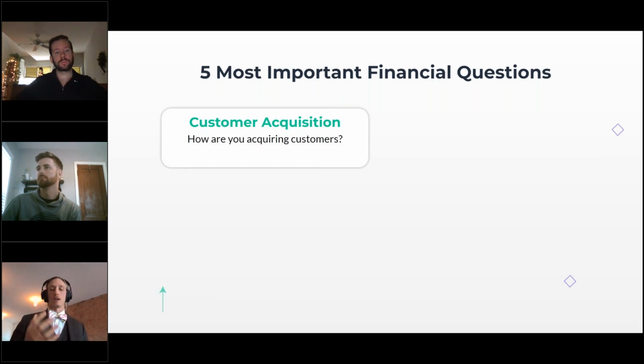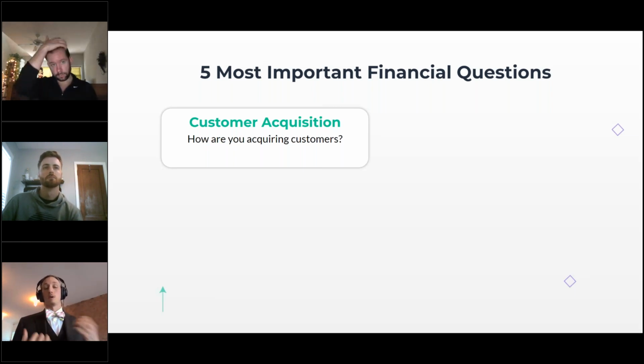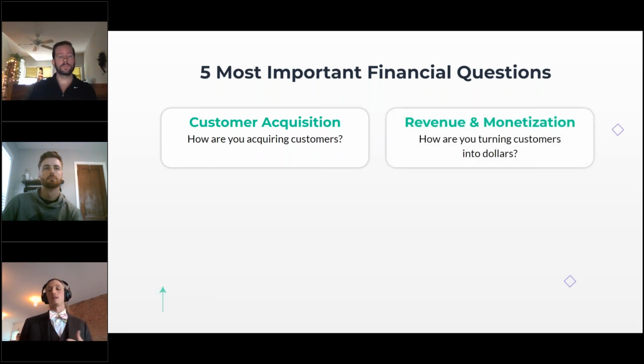In your financial model, you would represent the channels you use to acquire customers, whether that's inbound sales or outbound sales or paid ads or content marketing or email marketing or organic search. You list those out, and it answers the question, how are we acquiring customers? The model's not going to acquire any customers for you, but it'll help you answer the question how, both for yourself and for investors. And then revenue and monetization, where you would put in your revenue streams.